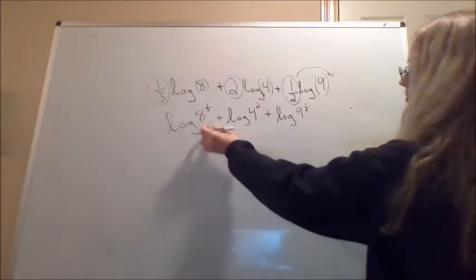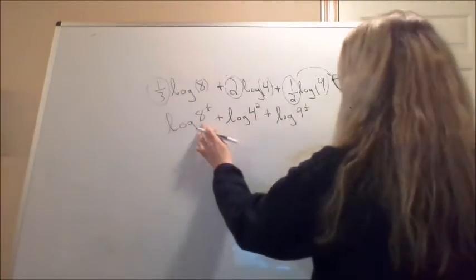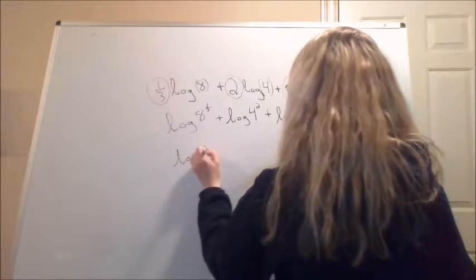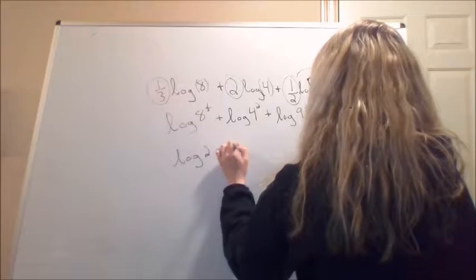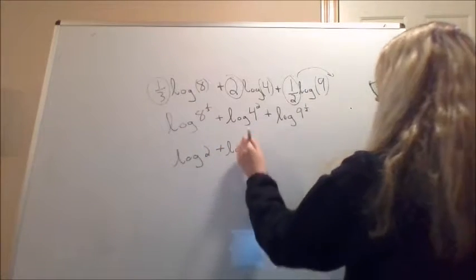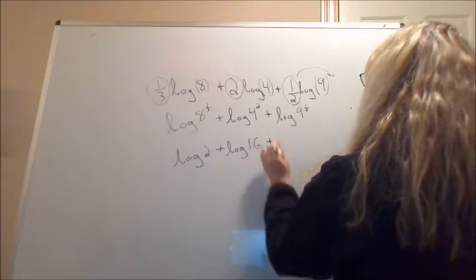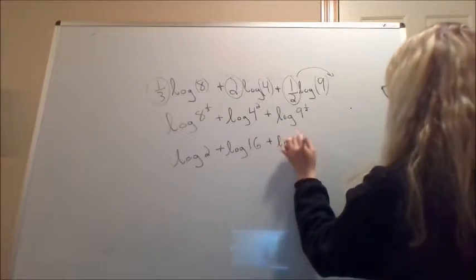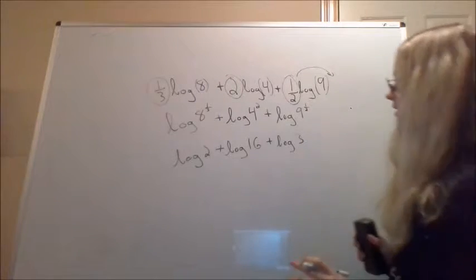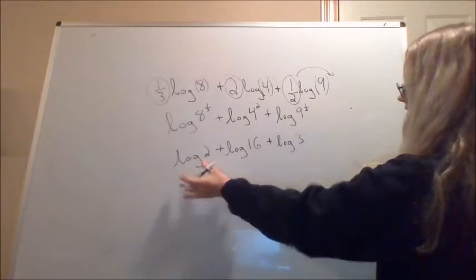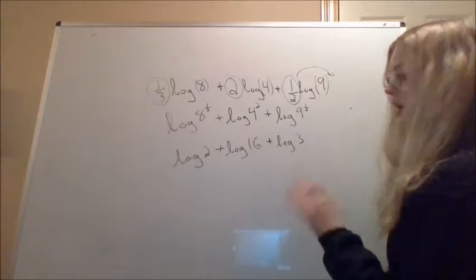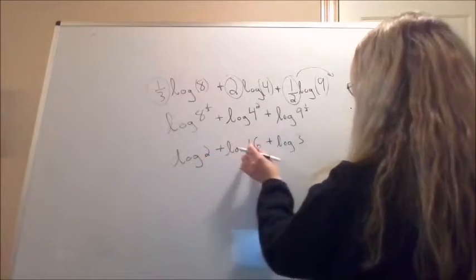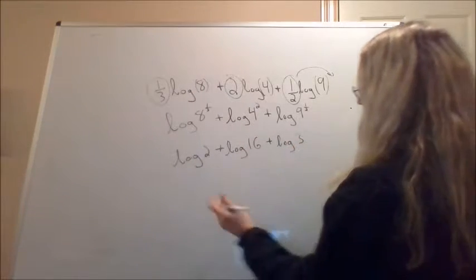And so now we can simplify these numbers here. 8 to the 1/3 power is 2. So we have log 2 plus log of 4 squared, which is 16, plus log of the square root of 9, which is 3. Now we take each of these logs and use our product property to combine them by multiplying these numbers within a single log.